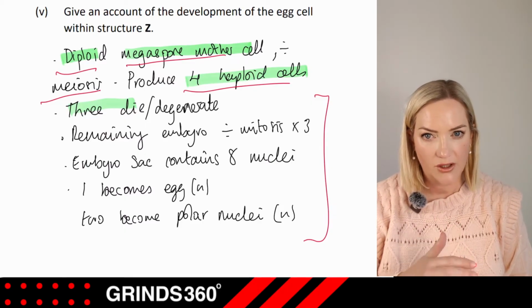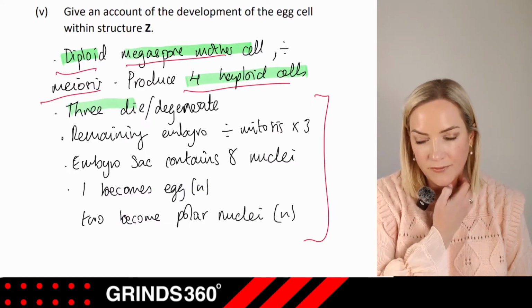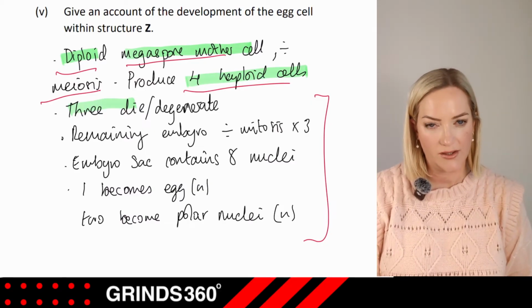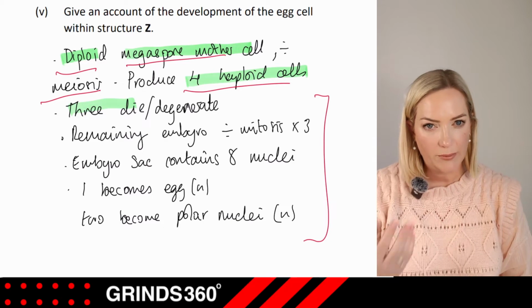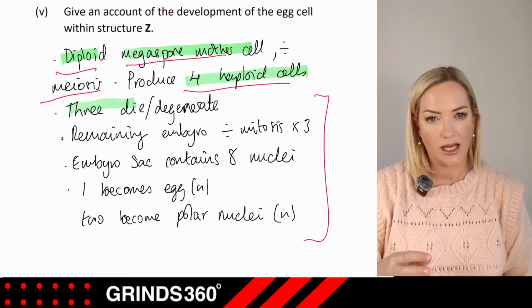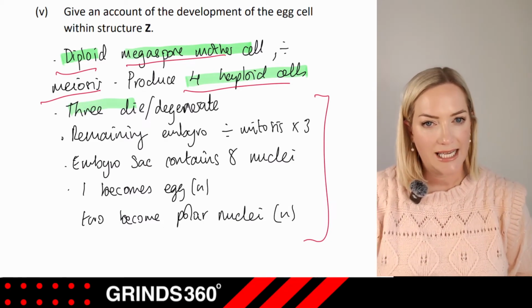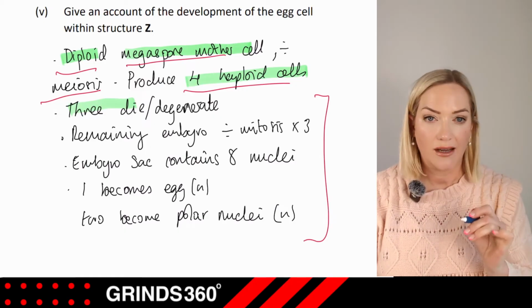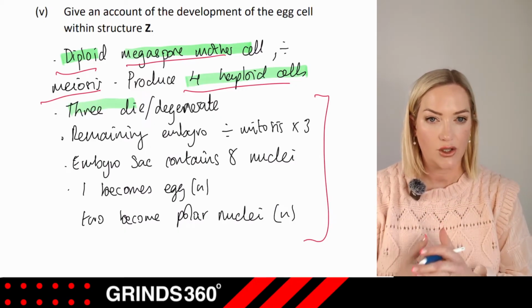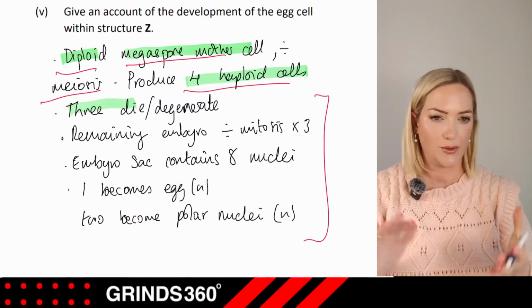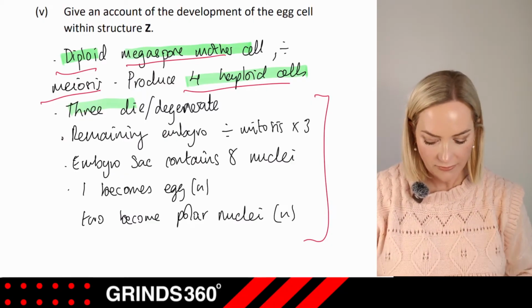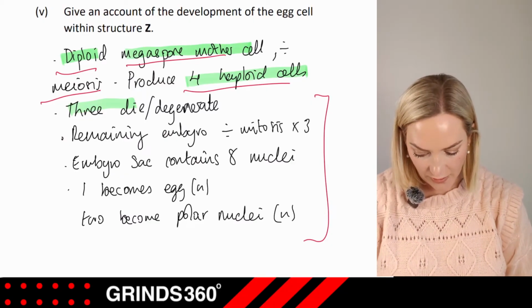Our remaining cell divides by mitosis 3 times. Our embryo sac contains 8 nuclei. One is the egg cell, which is haploid, and we can just put N behind that. The other is our 2 polar nuclei, haploid. So that was that question answered.